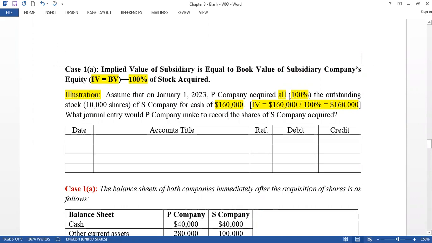The question said that you buy all the shares, you pay $160,000 cash. What is the journal entry? Investment in S company, debit. So this is your investment.